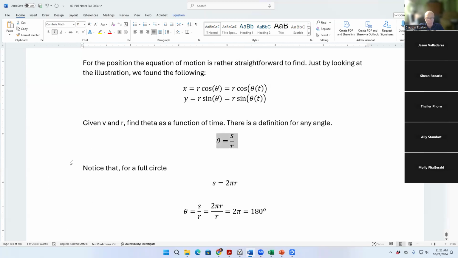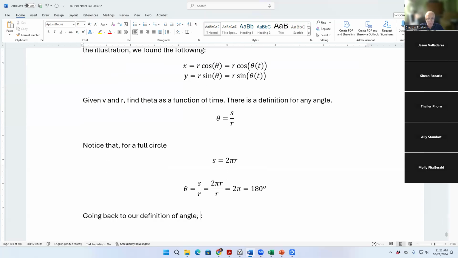What else can we do with this definition? Going back to our definition of angle, note that S can also be written in terms of Vt.